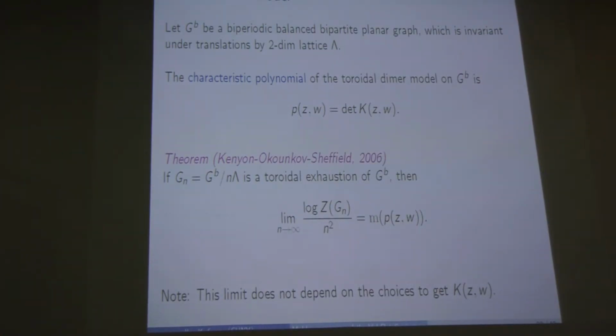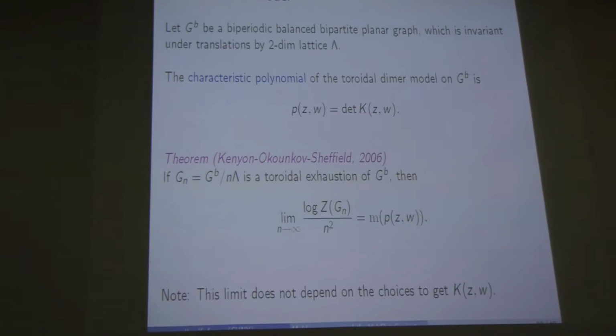Okay, so here is the setup now. We start with G_B, a biperiodic balanced bipartite planar graph, which is invariant by translations by lambda. Then the characteristic polynomial of this toroidal dimer model, P of z,w, is the determinant of the Kasteleyn matrix. And the theorem by Kenyon, Okounkov, and Sheffield, an Annals paper from 2006, is that if you take the toroidal exhaustion of G_B, then the limit of the dimer entropies is given by the Mahler measure of the polynomial P of z,w.